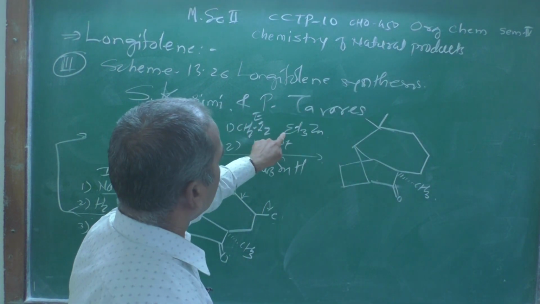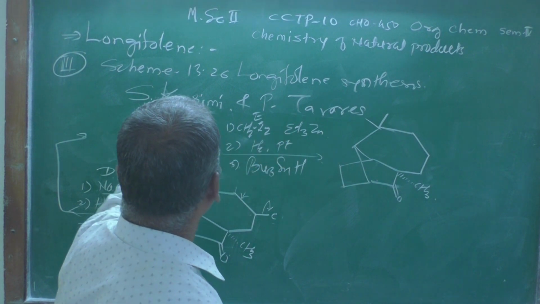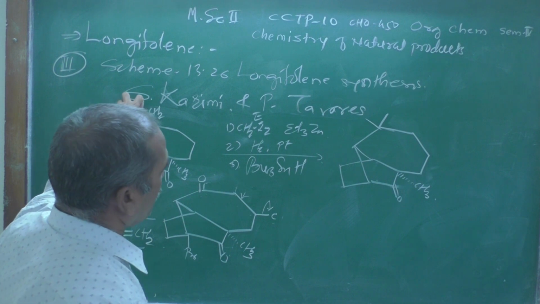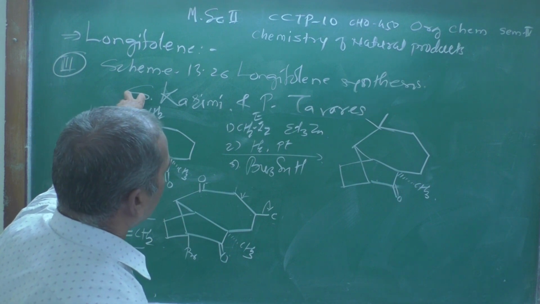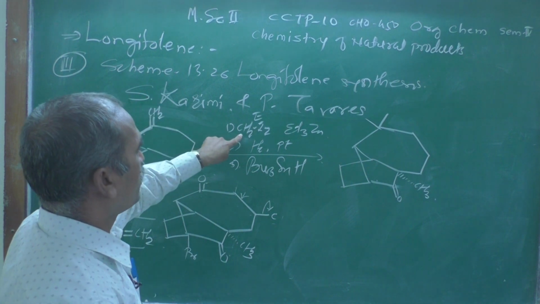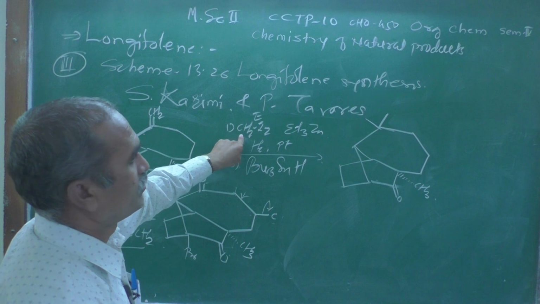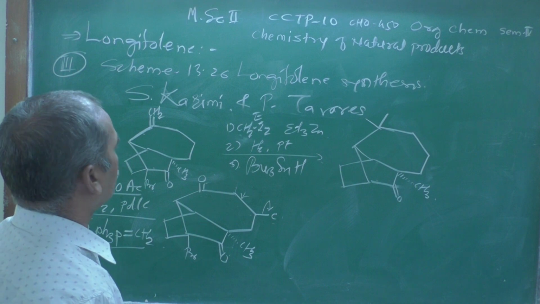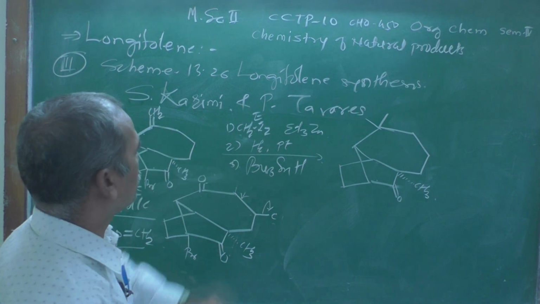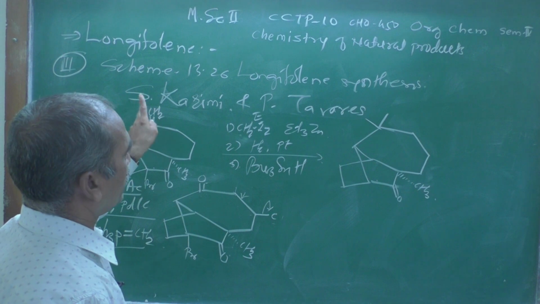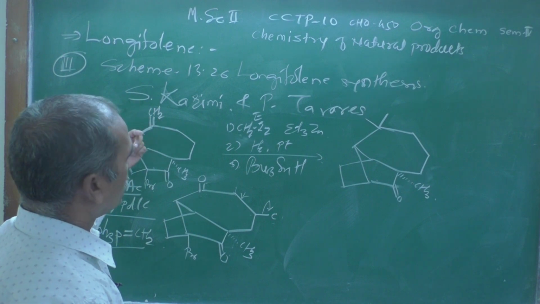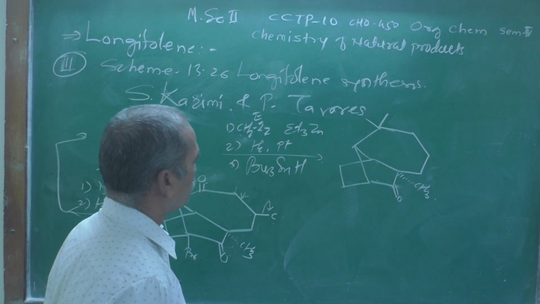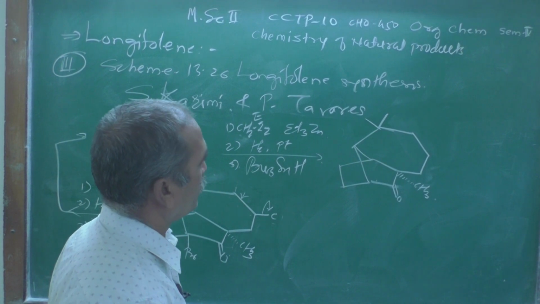Now CH2I2, Et2Zn. Here what is going to happen? A 3-membered ring, a cyclopropane ring, is formed while adding this reagent, the Simmons-Smith type of reaction. Then H2 in presence of palladium, that cyclopropane ring is opened, cleaved due to the strain, and we will get the dimethyl group there, and that is trimethyltin iodide.